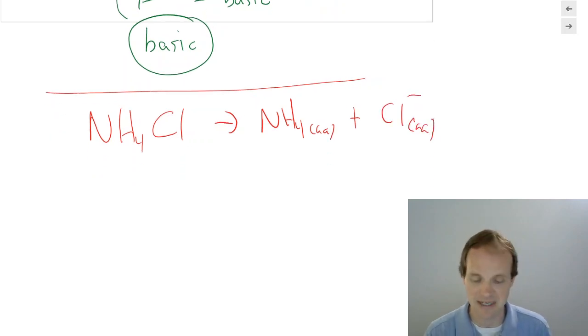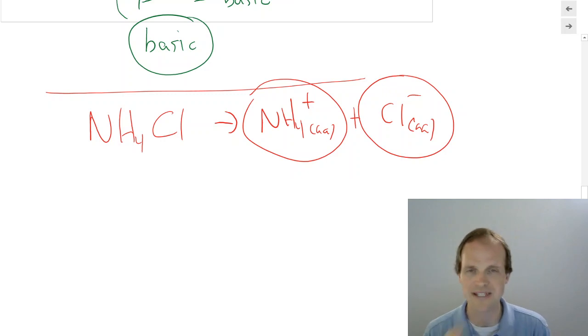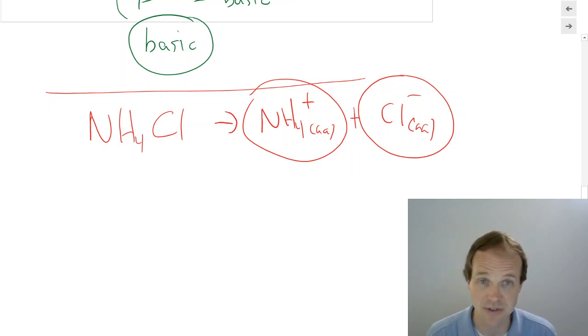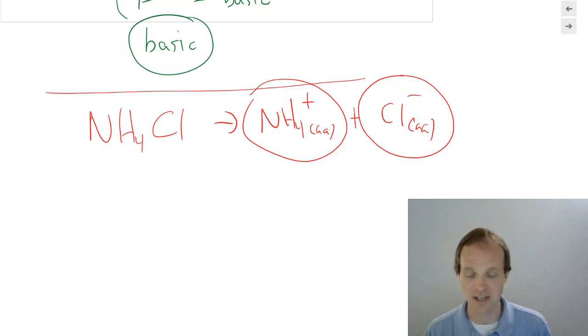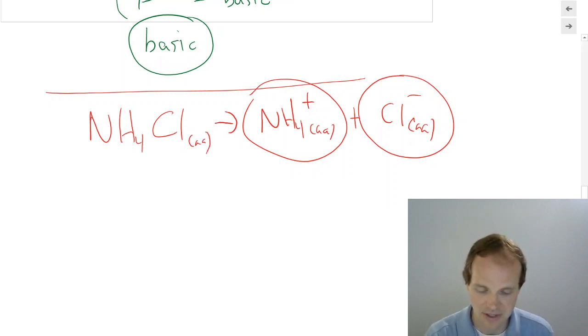And because it's NH4+ and Cl- in solution, we can consider these entirely separate of one another. We don't have to think, what does NH4Cl do in solution? And we shouldn't think that. We should think, when we put NH4Cl in solution, it dissociates into NH4+ and Cl-, and those now act and behave entirely independent of each other.